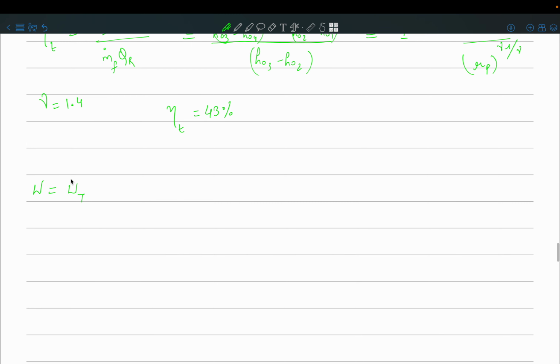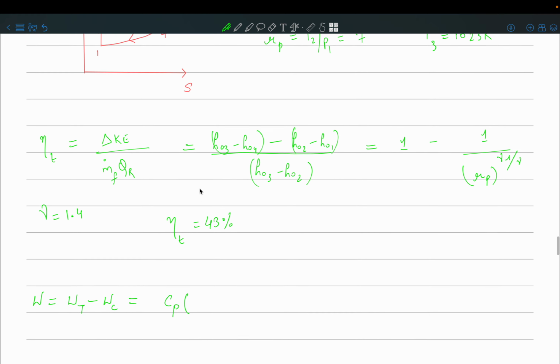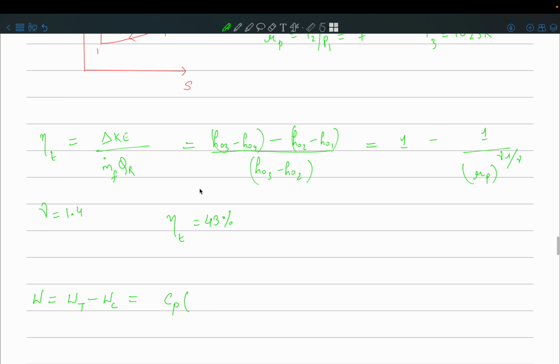How will you calculate work turbine and work compressor? Cp delta T. Okay, so we know this is Cp. Going back to the cycle, for turbine it should be Cp times T04 minus T03, and for the compressor it will be Cp times T02 minus T01.